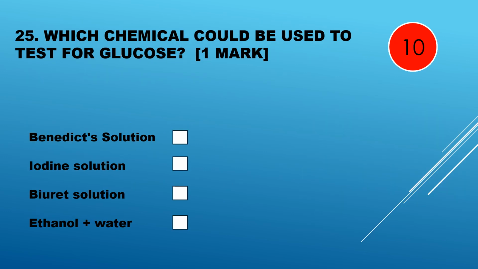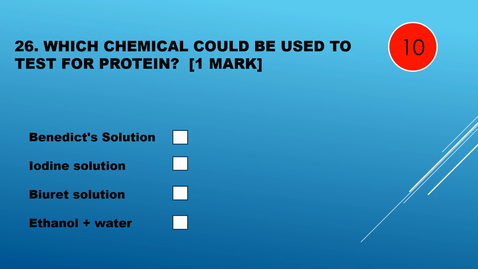Question 25. Which chemical can be used to test for glucose? Is it Benedict solution, iodine solution, Biuret solution, or ethanol and water? The chemical used to test for glucose is Benedict solution.